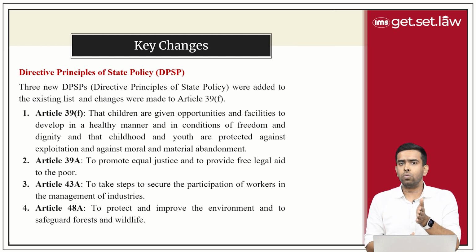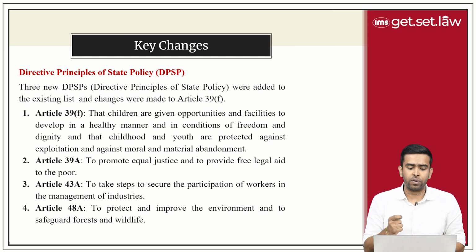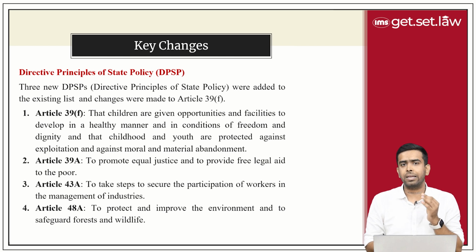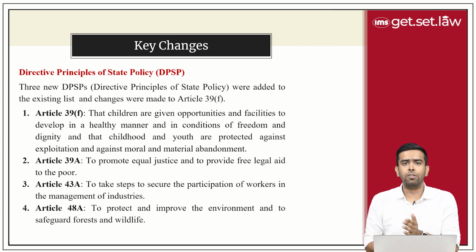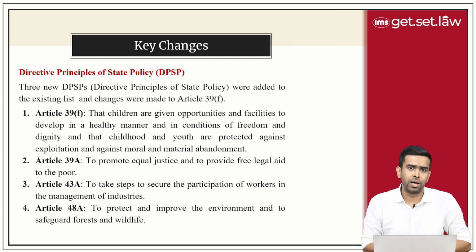Thereafter, 3 new DPSPs have been added. The first one is Article 39A. This promotes equal justice and provides free legal aid to the poor. Later on, this was transferred to Article 21 of the Constitution, making it the right of an individual, which was done by the case of Hussainara Khatoon versus State of Bihar, which was a good change. Second is Article 43A.